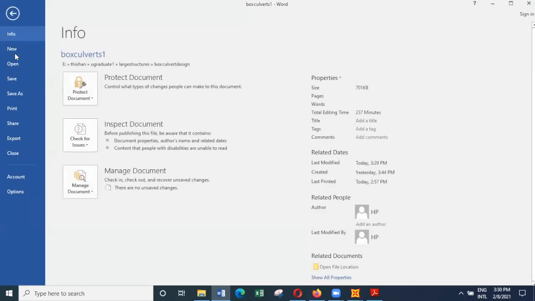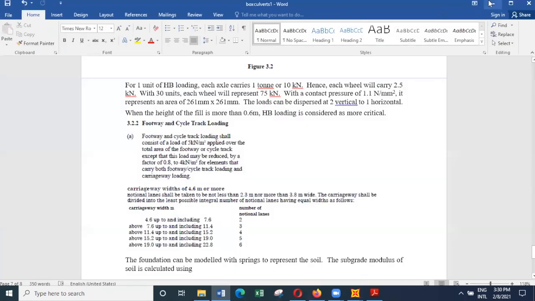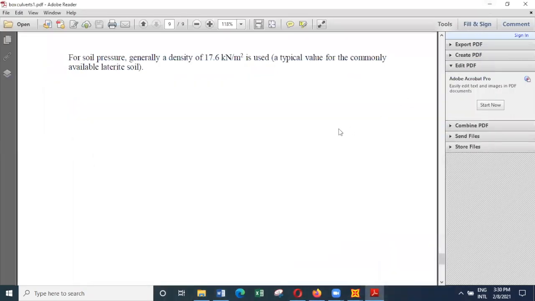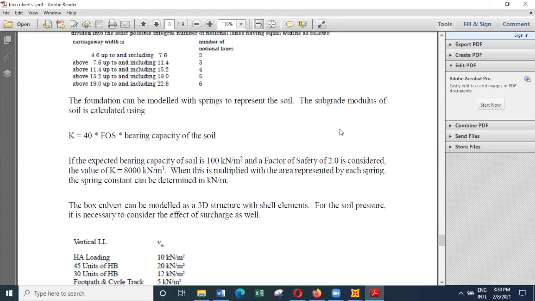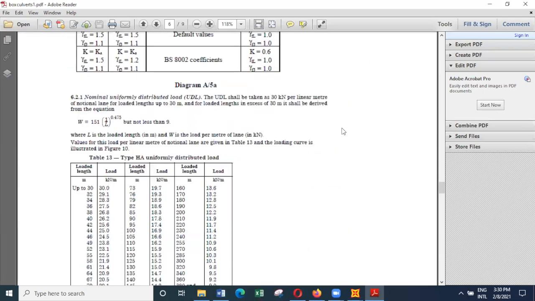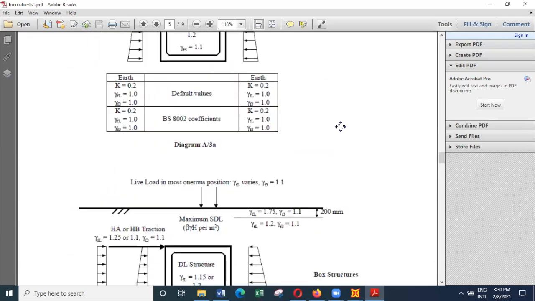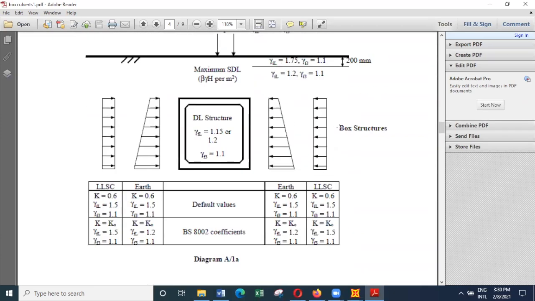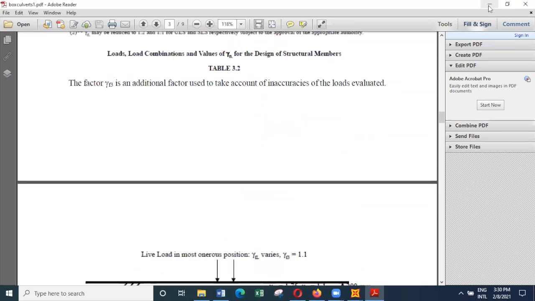So what I will do now is show you how to model it using the shell elements, and for that we'll consider one example.